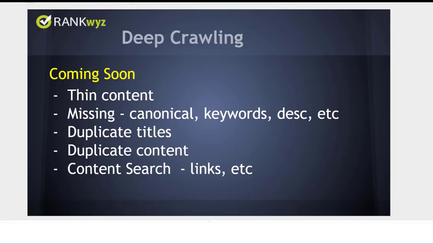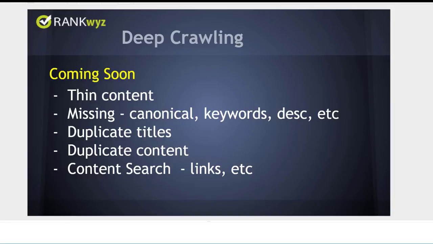And this is our plan for the future development in crawling. So we can identify the thin content and show you pages with thin content. We identify missing important HTML tags that, if you add them, will improve the quality of your site or your client site or PBN.